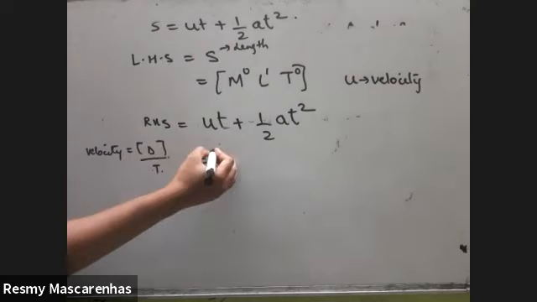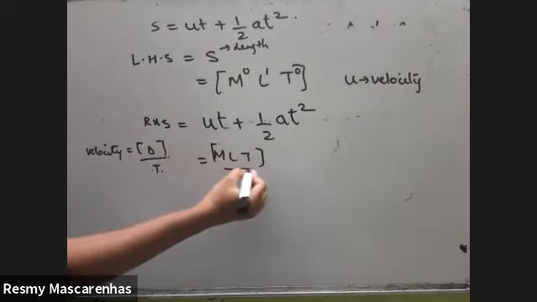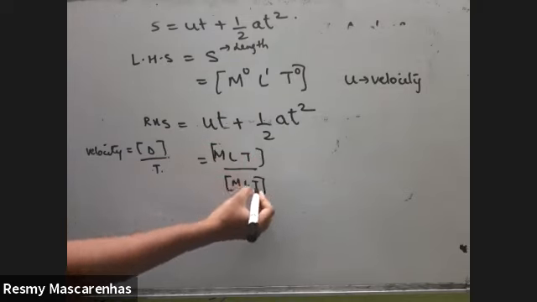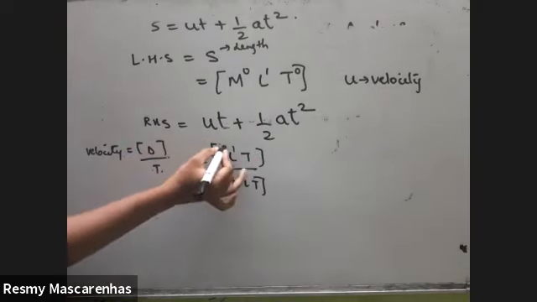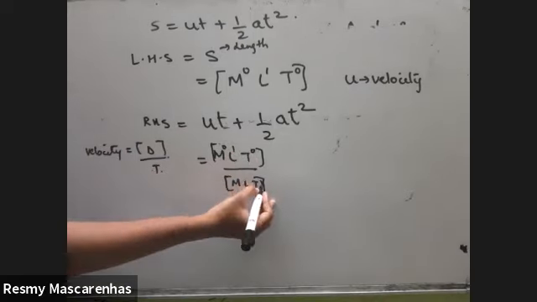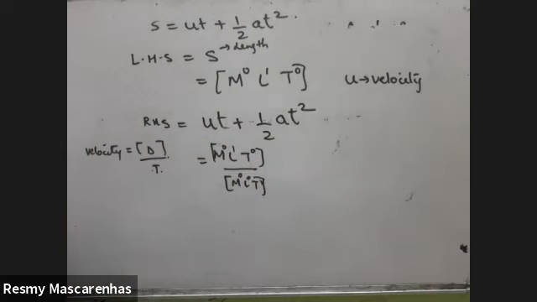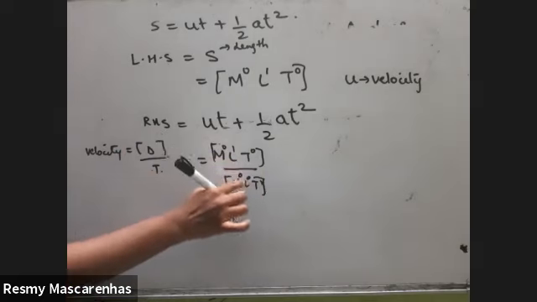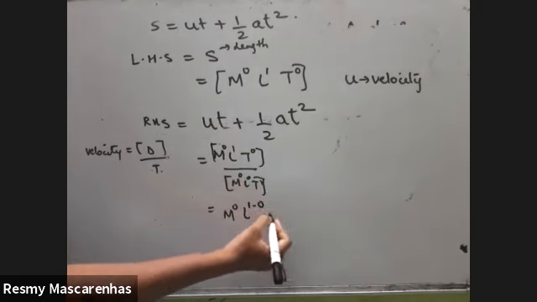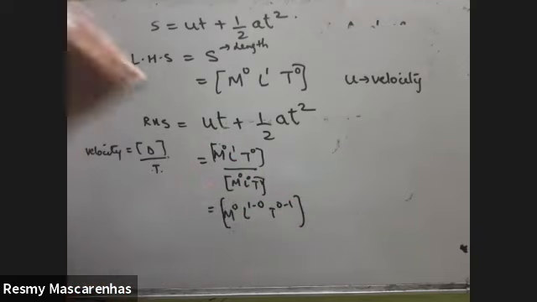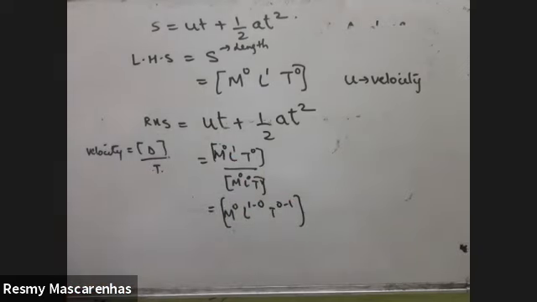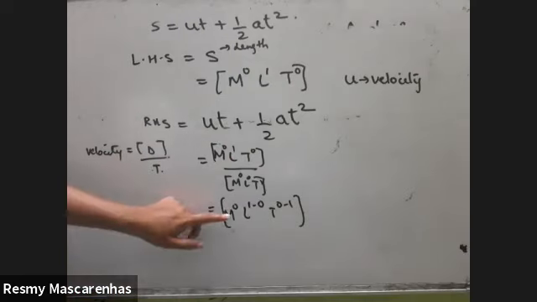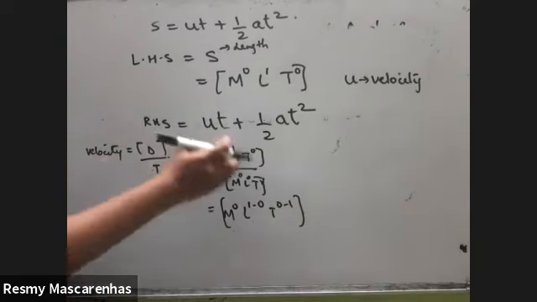Speed will be distance upon time, M L T upon M L T. For distance, length is 1, rest is 0. For time, time is 1, rest is 0. Then quickly you can calculate: M0, 0 minus 0, 1 minus 0. If you have understood the entire table, how it is done, this is very simple. Velocity will be distance upon time. So we know the dimension for speed.